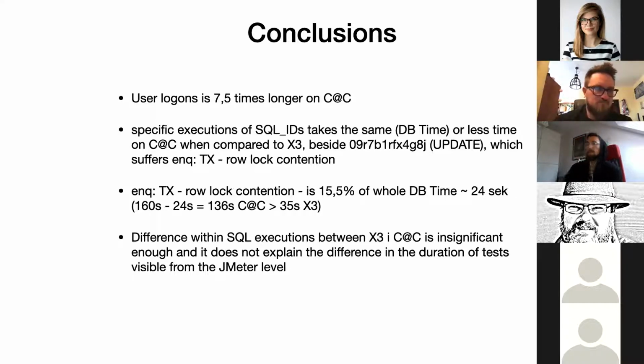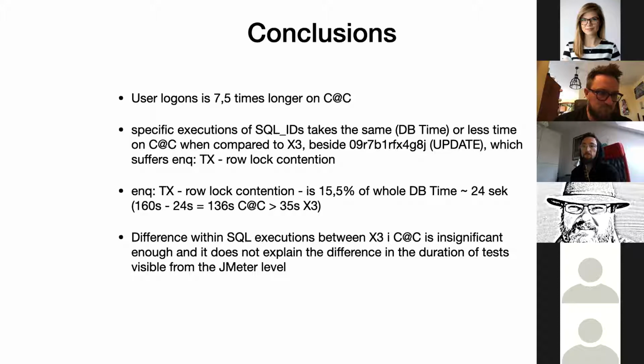Because the differences in SQL statement execution on both Exadatas are quite the same, there are no big differences in SQL executions. Those differences do not explain these longer results of JMeter tests.